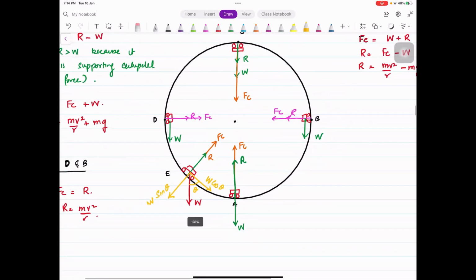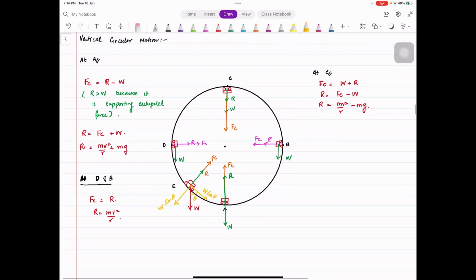We are only looking at this particular line. We're not interested in W cos theta because W cos theta is helping the car to move down, right?